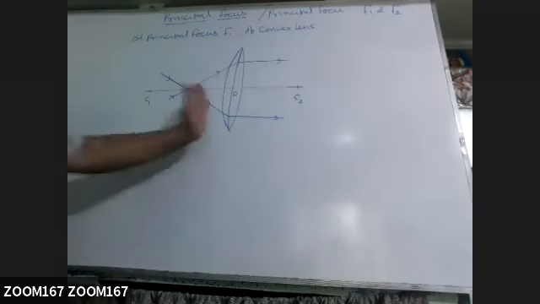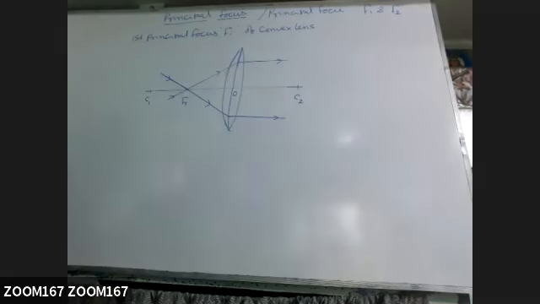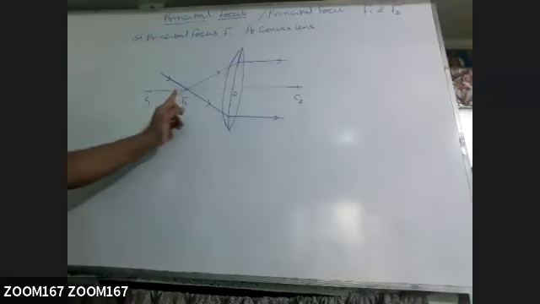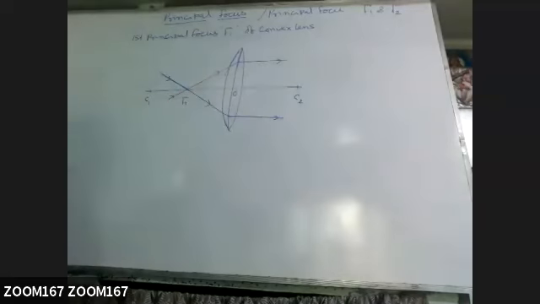That is, if refracted ray is parallel to principal axis, then the point from which it is coming on the principal axis, this point only. So first principal focus of convex lens is the point on principal axis, incident ray passing through which will become parallel to principal axis after refraction. Refraction is given in your book.